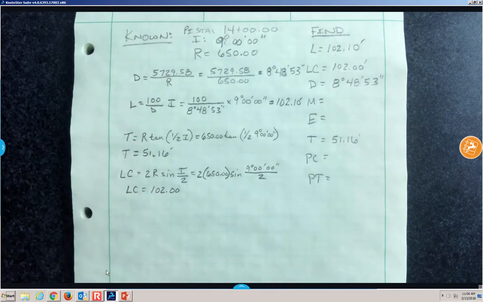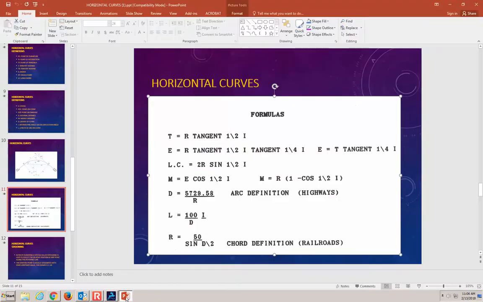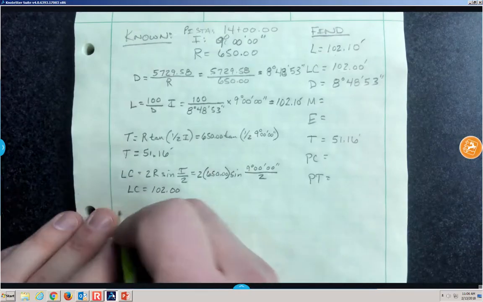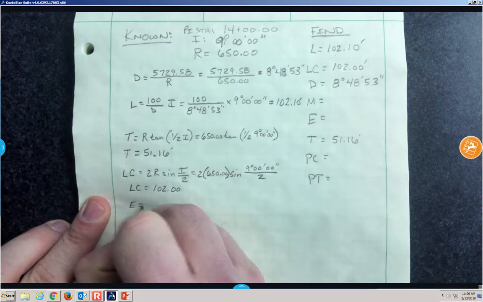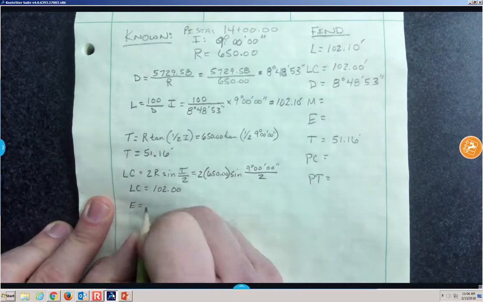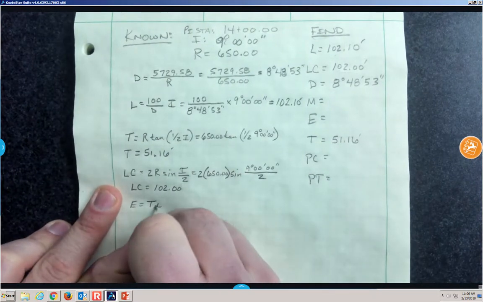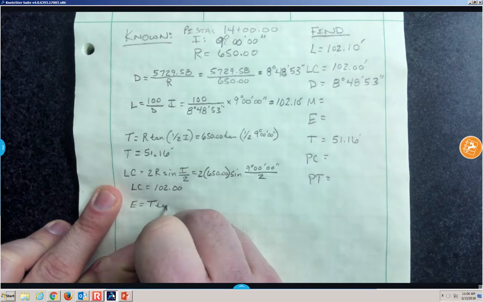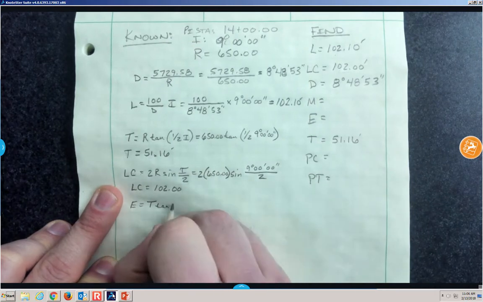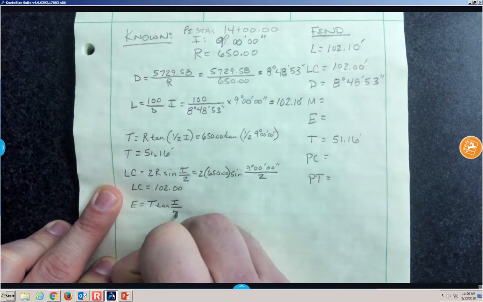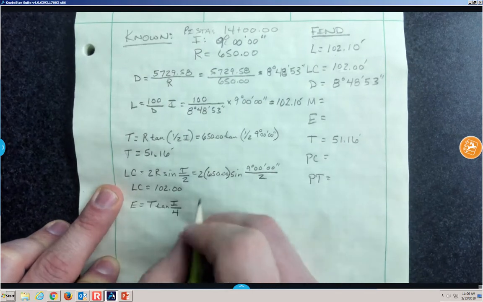All right, what's the next one we want to solve for? Let's do E. There are 3 different equations you can use for E, but we're going to use this one. Tangent times the tangent of I over 4. Okay, or I divided by 4.